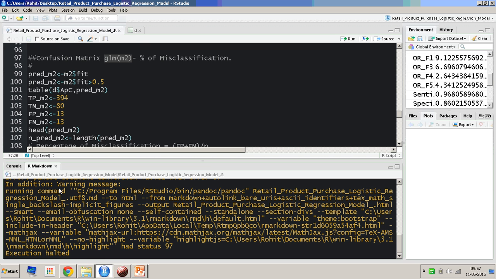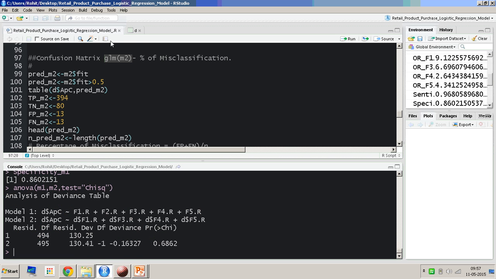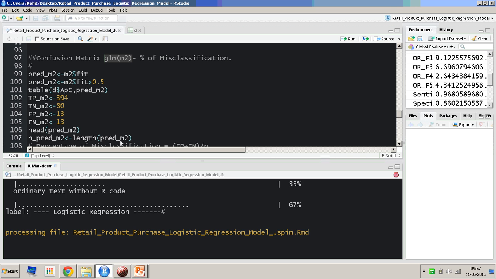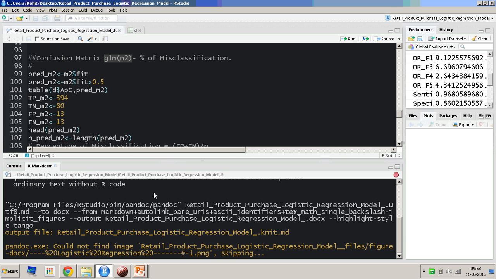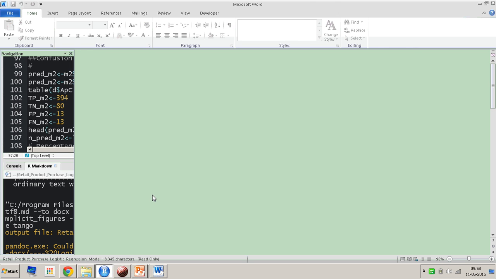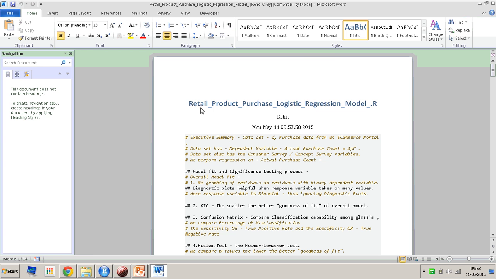Okay, let me see if I can do this in some other format. Otherwise, I'll have to look through my code as to why it's not working. Let's see if this gives me a... No, there seems to be a challenge. No, there is no challenge. It is going ahead and creating the Word document at least.